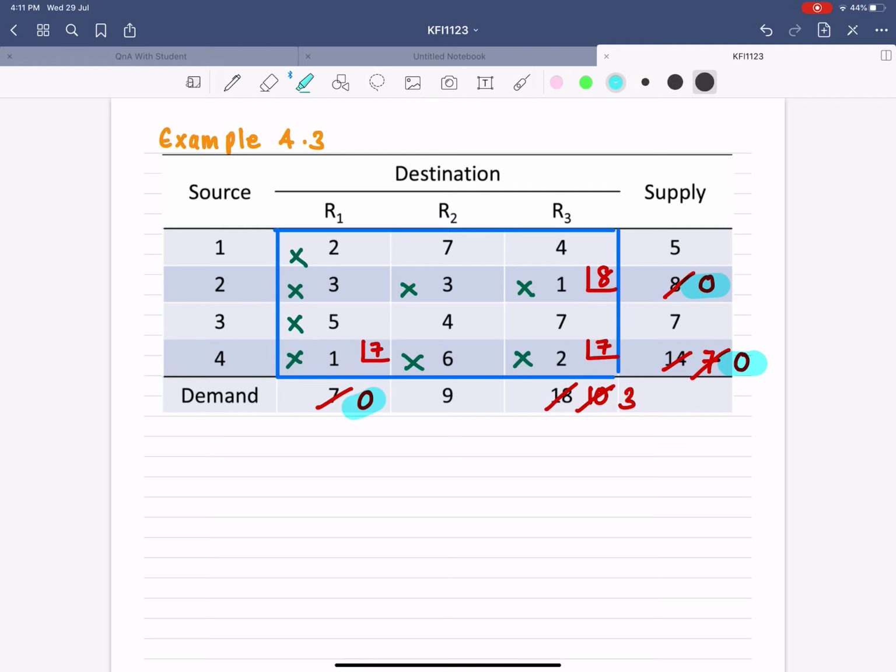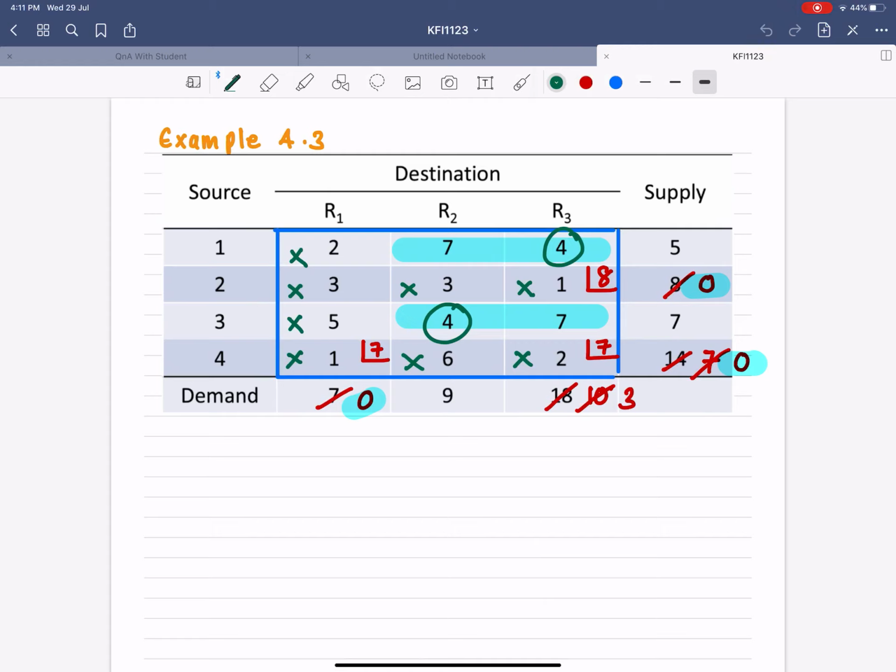The remaining cells that we didn't cancel are these. Among these 4 values, we have 2 minimum values, which are this and this. Because we have 2 values, we have to check which one gives the maximum allocation.